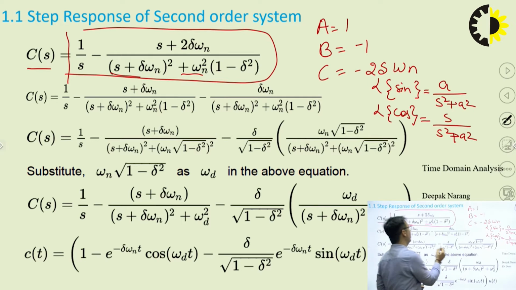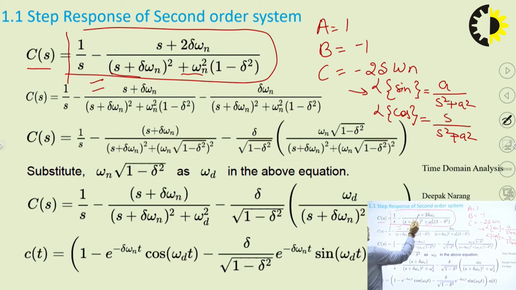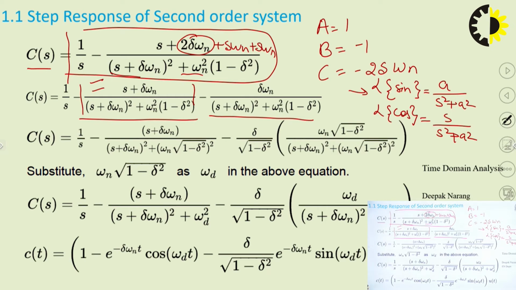If we reduce this pattern into this form, we can easily take the Laplace inverse of this particular equation. To solve this further, we can split this part as delta omega n and delta omega n, and we are just doing the same. We are splitting this part into these two parts.